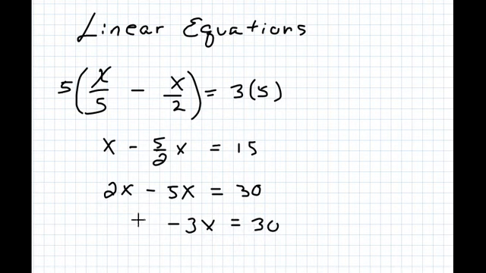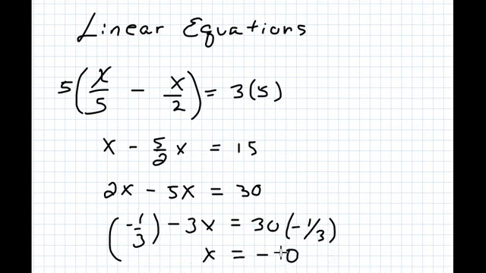And then I'm going to multiply both sides by negative 1/3 to both sides. Alright, and so we end up with x is equal to negative 10, and we can plug that back into our original and actually test that out, and that should work out.